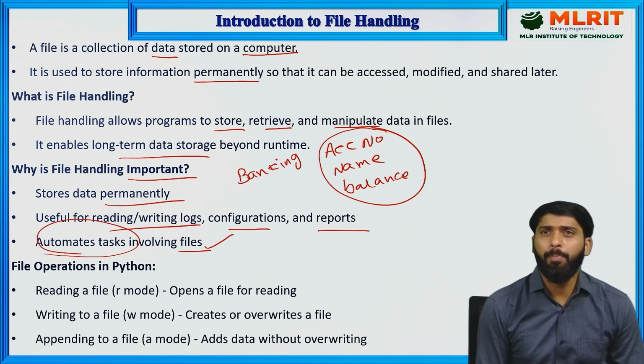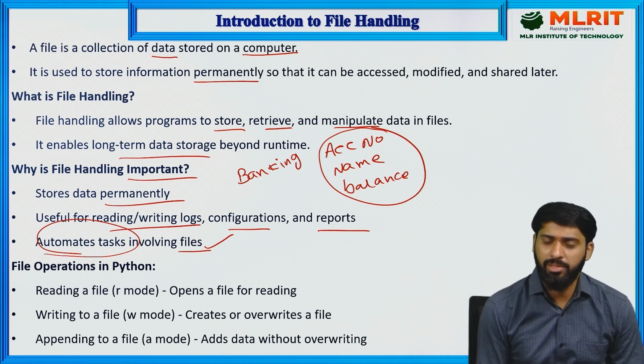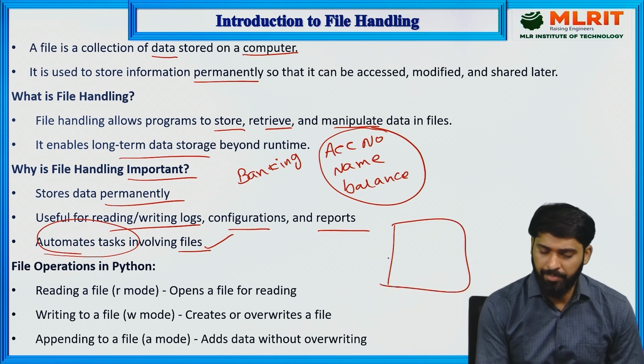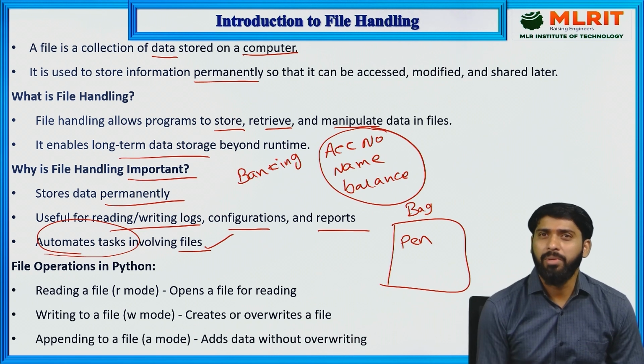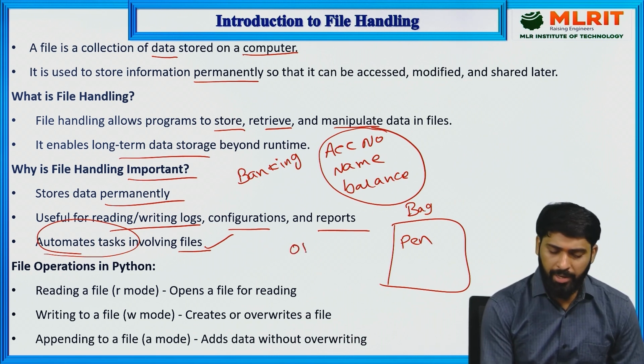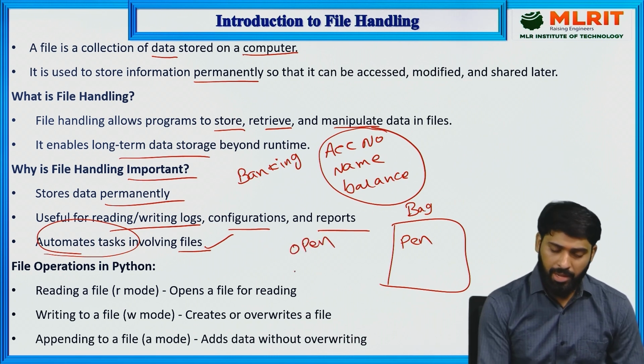So, file operations in Python. For example, you have one bag, and in this bag you have a pen. To get this pen, first open the bag, then access the pen, then close the bag.